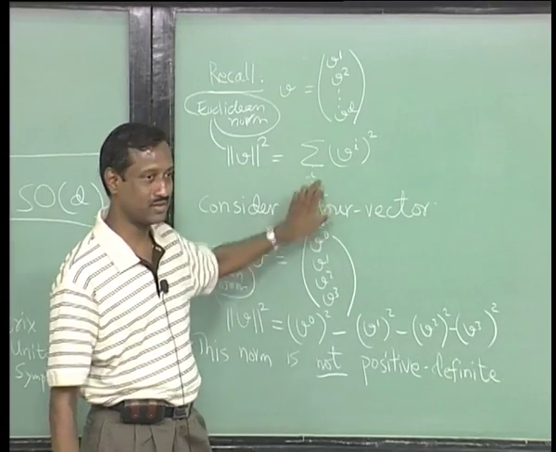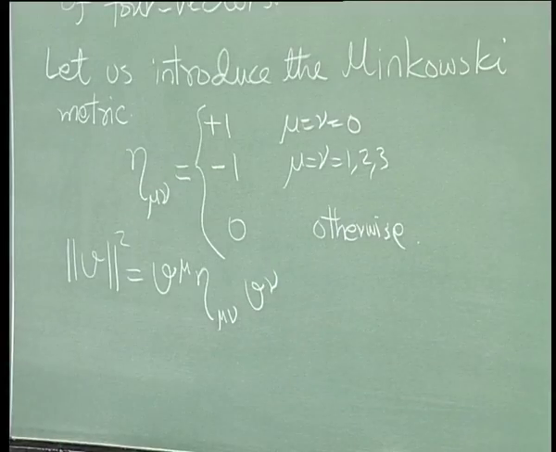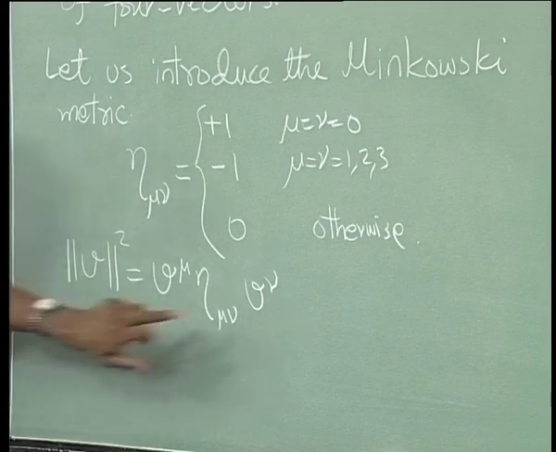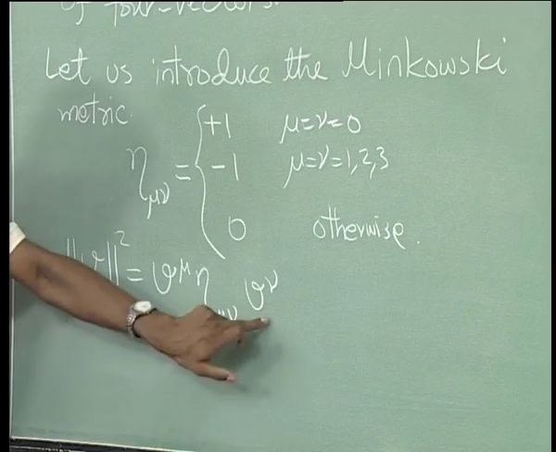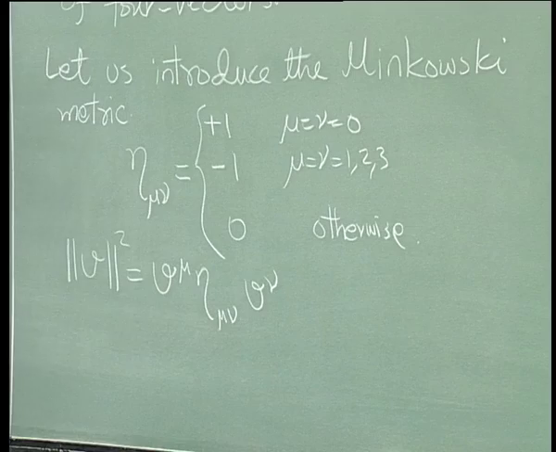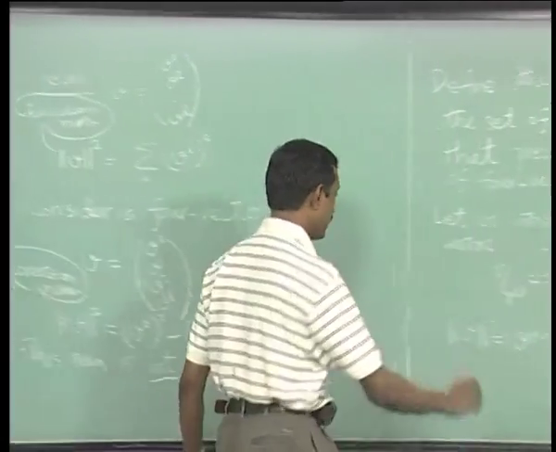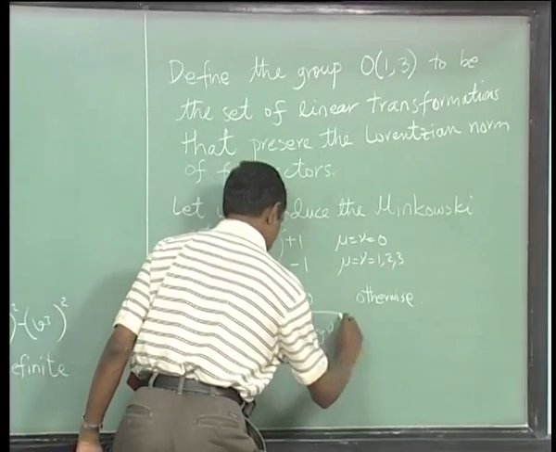Here I am not violating anything like this. Again, you can think of this entry as a column vector and this as a row vector, and this multiplication will give you exactly this. So this is a very concise way.